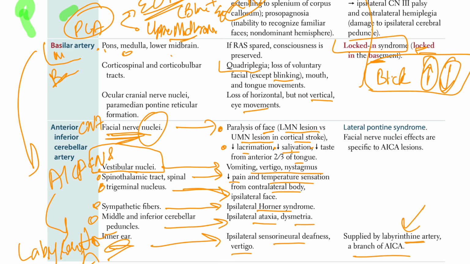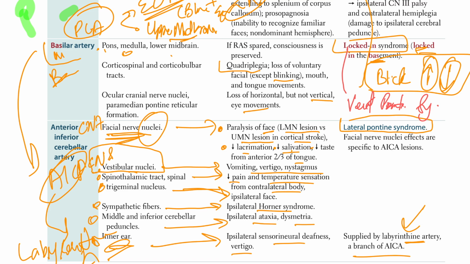Okay, so the syndrome we will talk about for the ICA is the lateral pontine syndrome. So if this is lateral, which one is ventral or anterior pontine? This is the other name for the top portion. Let me write this down. Locked-in syndrome. The other name for locked-in syndrome is ventral pontine syndrome.